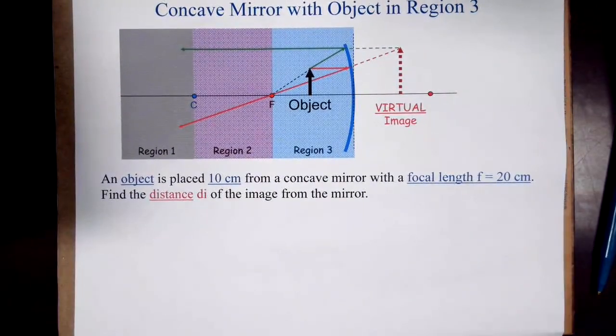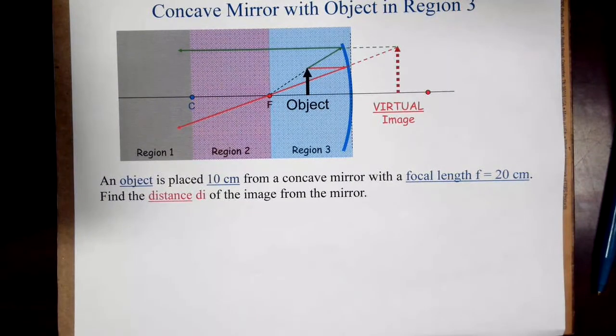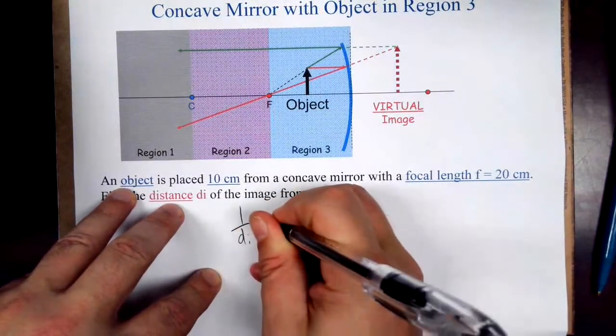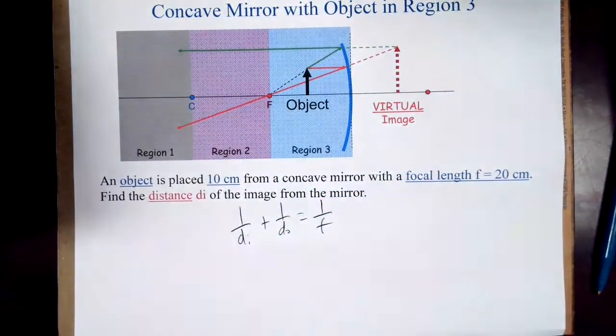All right, and so last here, we finally move our object inside of region 3. So here, our object is at 10 centimeters, while our focal length is 20. To solve this one, 1 over di plus 1 over do is equal to 1 over the focal length.